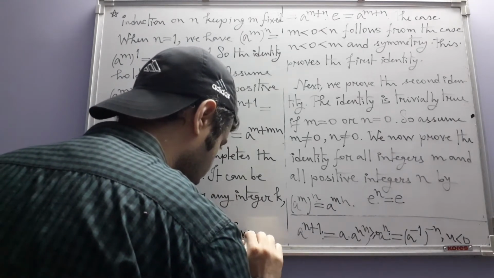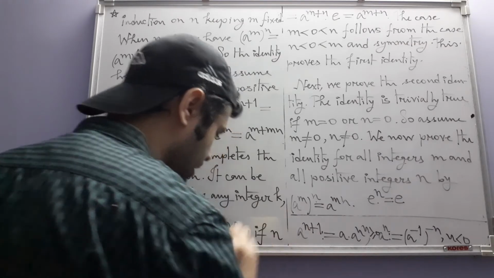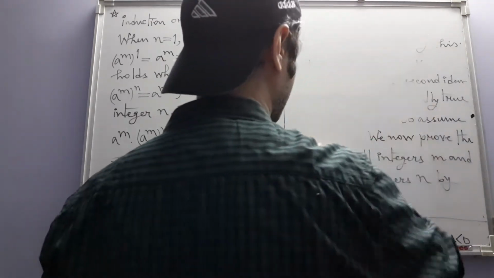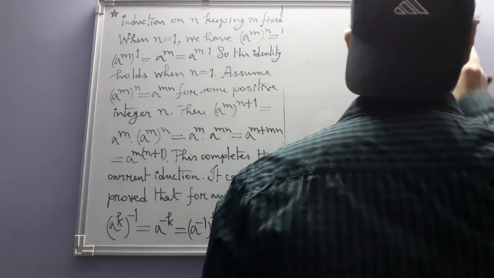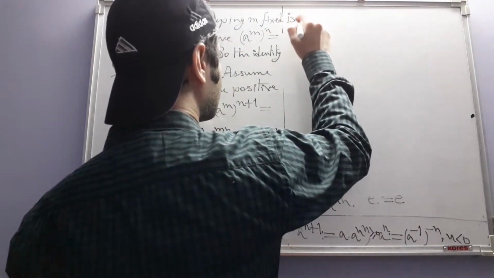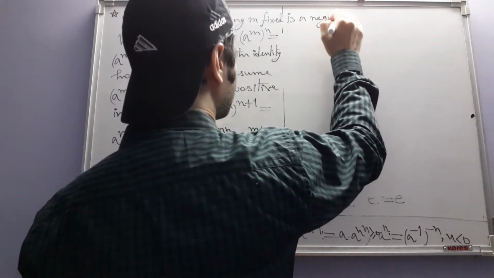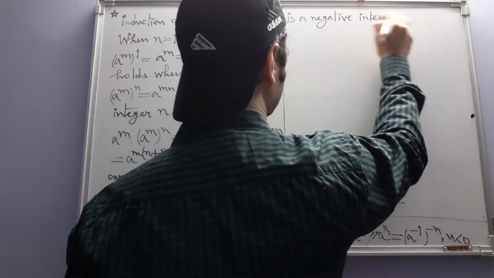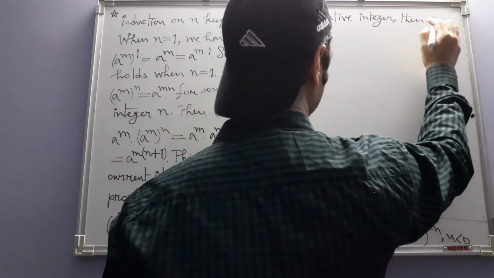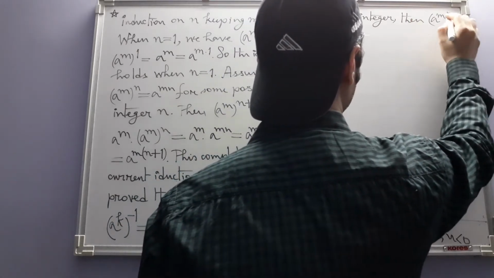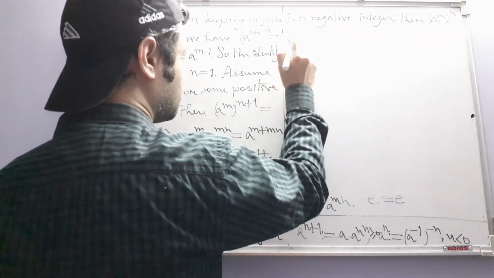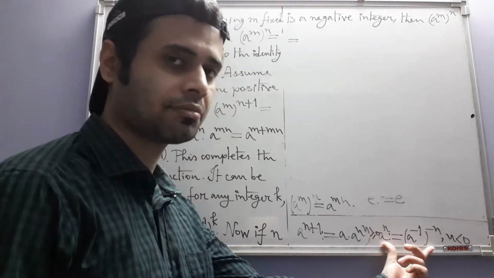Now, if n is a negative integer, then a to the power m whole to the power n, by definition, this is the definition, it's available to us.